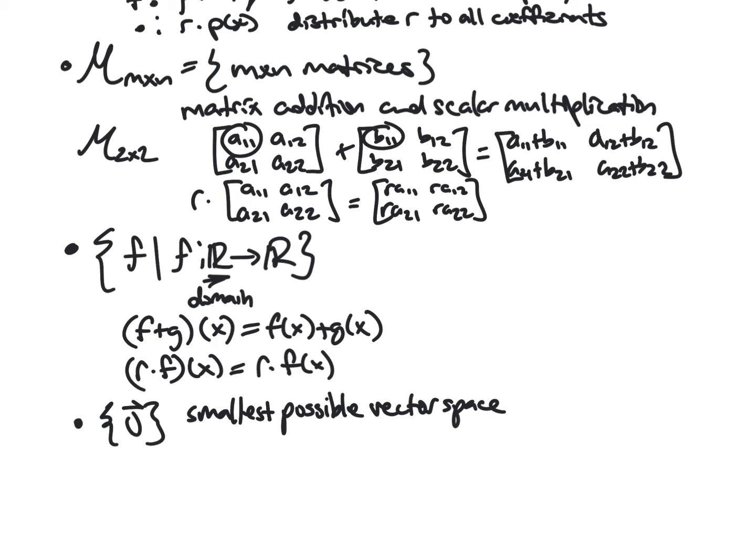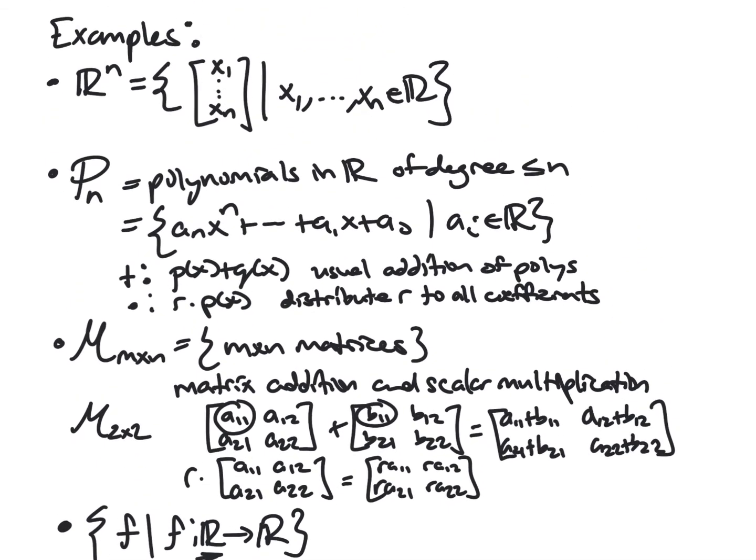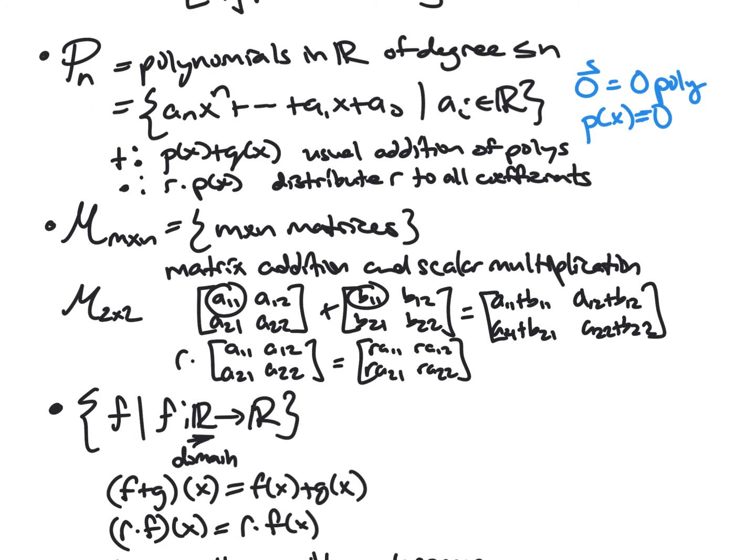So one thing I want to do quickly here is go back through and talk about the zero vector in all of these, okay? Because again, the zero vector plays a very important role. In the polynomials, your zero vector is the zero polynomial, okay? And what is the zero polynomial? Well, that's just p of x equals 0. So obviously if you add 0 to any other polynomial, you're going to get that polynomial back.